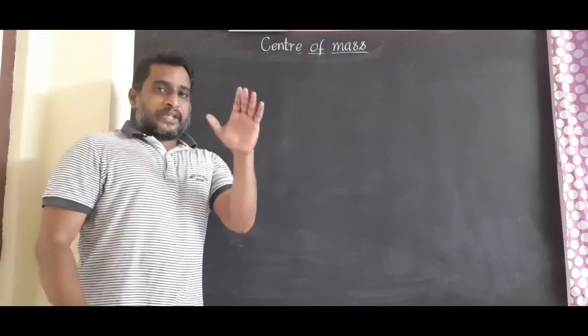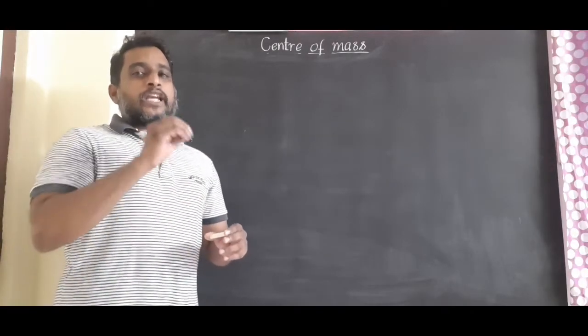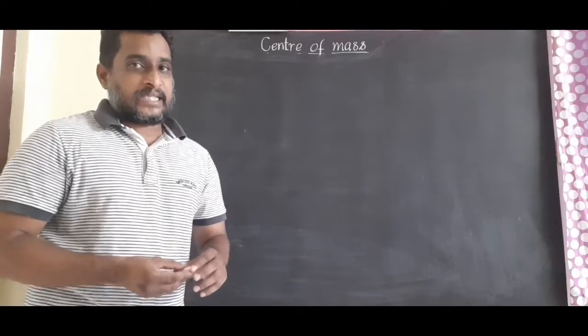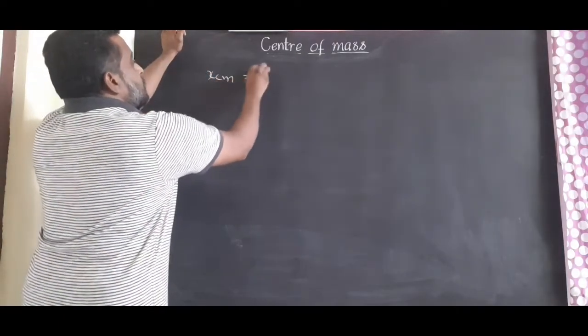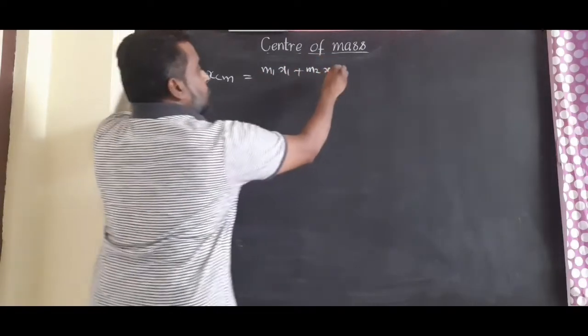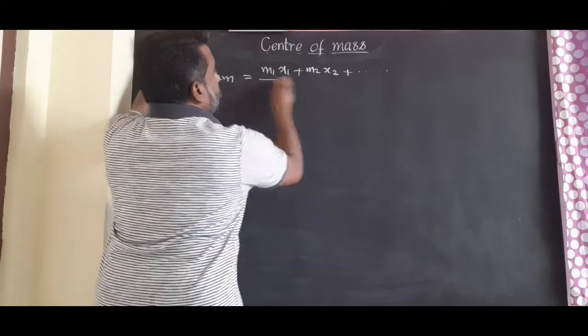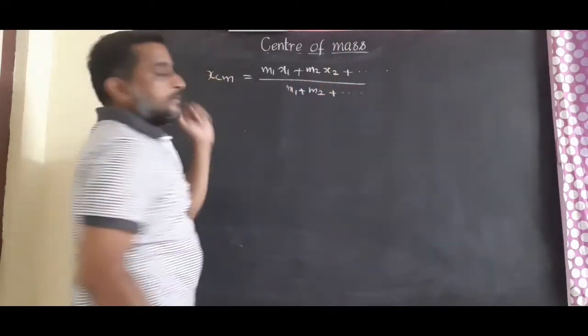In case of discrete particles system, the x-coordinate of center of mass of system of particles is given by xcm is equal to m1x1 plus m2x2 plus so on divided by m1 plus m2 plus so on.